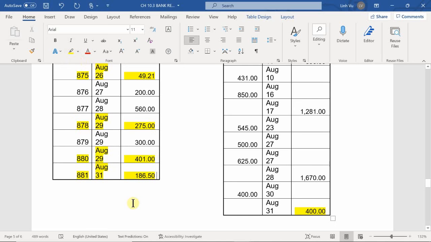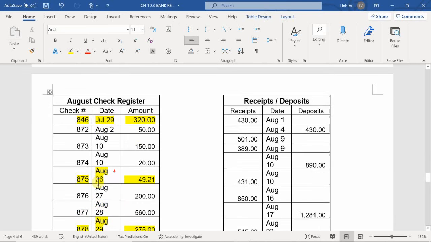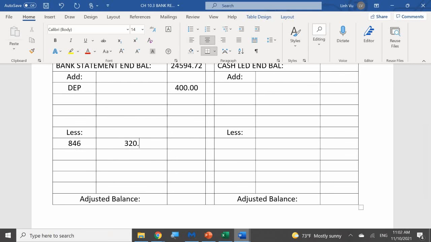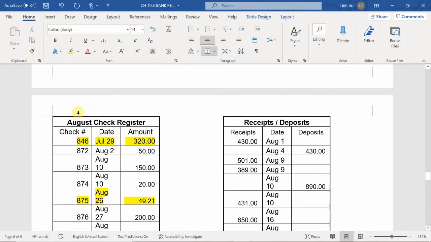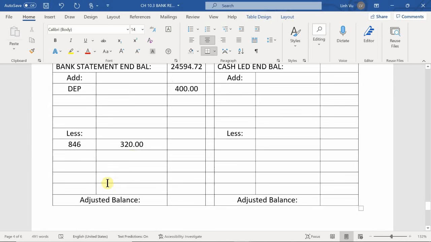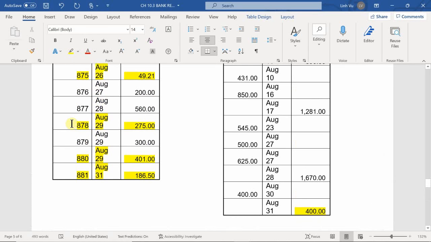Let's list them out one at a time. Check number 846 for $320. Check number 875 for a total of $49.21. Check number 878 for $275.